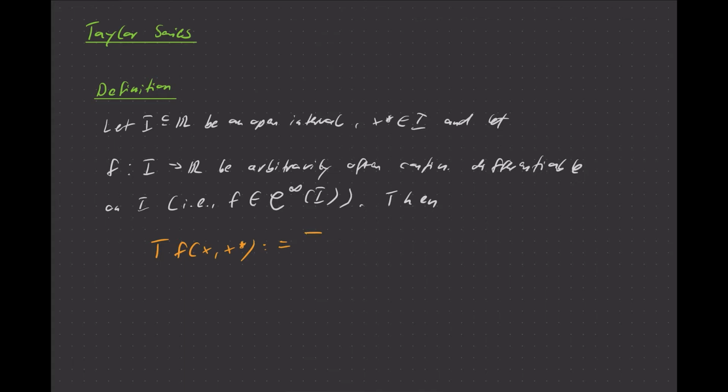That's defined as the sum from 0 to infinity of the kth order derivative of f at x star over k factorial times x minus x star to the power of k. So the Taylor polynomials, but with n to infinity.